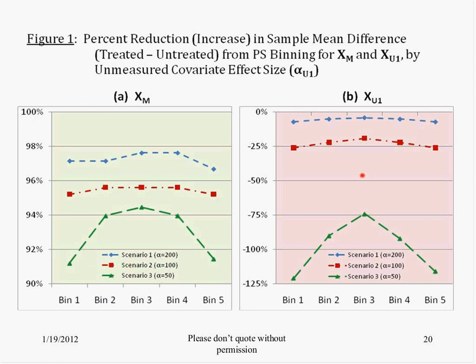And on the opposite respect, looking at XU, the imbalance of XU increases the less effect that unmeasured factors have on treatment choice. So this is a big increase down here in scenario 3 in unmeasured covariate imbalance.